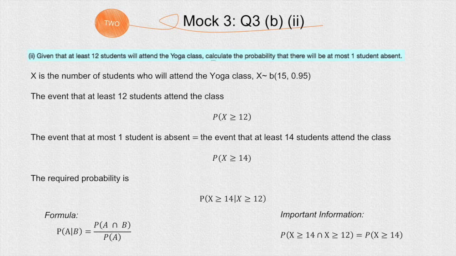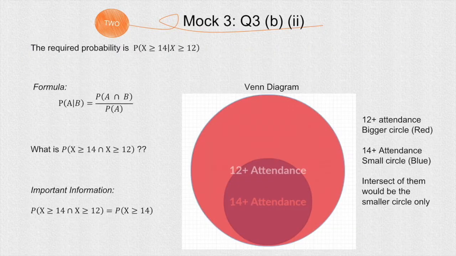So the required probability is X ≥ 14, given that X ≥ 12. To solve this, we know that the conditional probability is equal to the intersection of 2 events divided by the conditioning event.